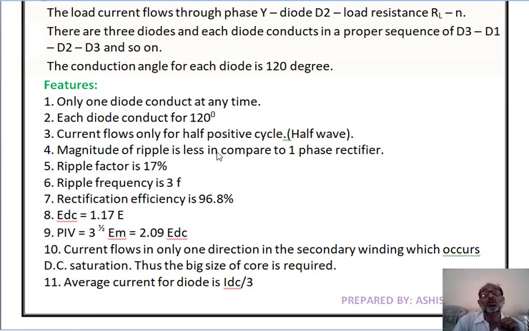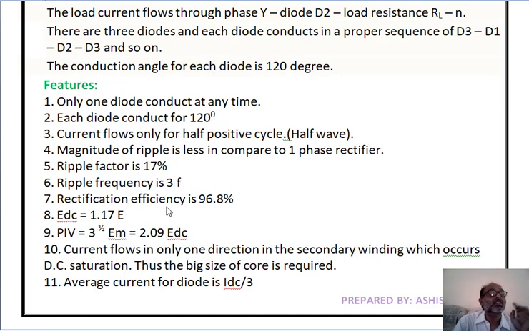That's why it is called half-wave rectifier. Now the magnitude of ripple, that means the ripple AC components present in the DC output, is less compared to single phase rectifier. Here the value of ripple factor is 70%, and the ripple frequency is 3f, where f is nothing but the supply frequency.